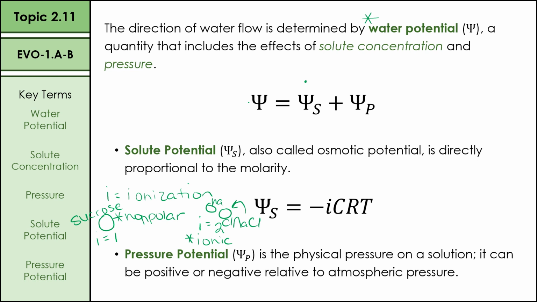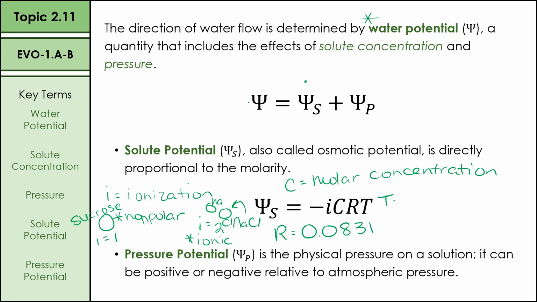Now the remainder of this gets into, so C is our molar concentration. That's C standing for concentration. Our R is a constant, so this is always going to be equal to the same number. This will be listed on your formula sheet, and that number is 0.0831.